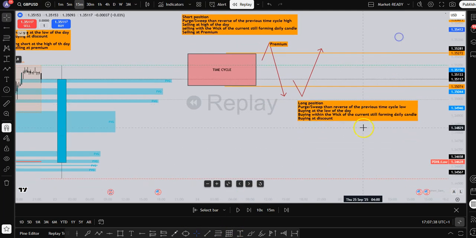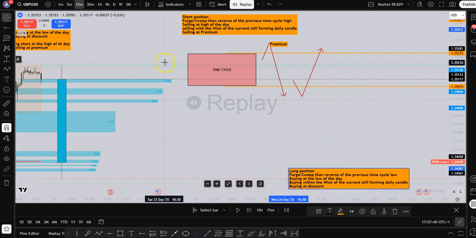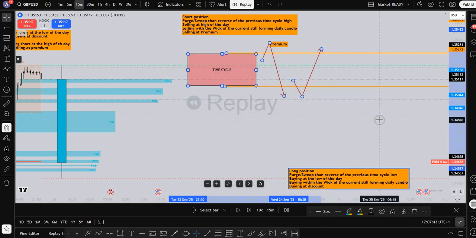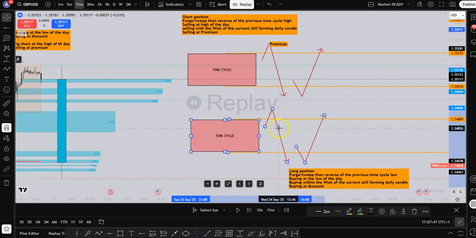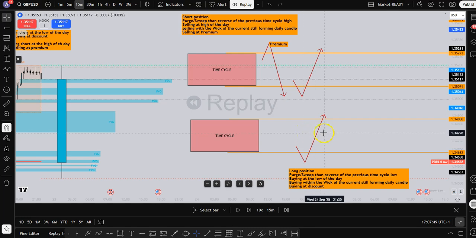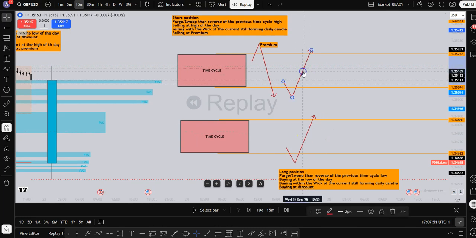You know what? I will put two examples. Two examples would be good.